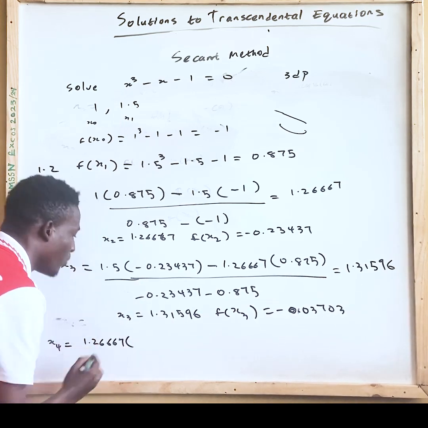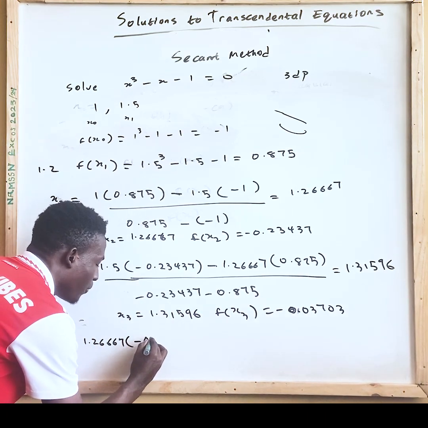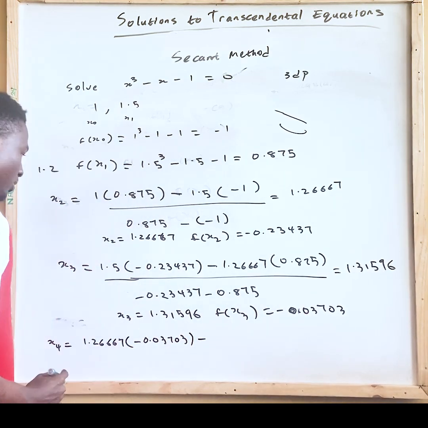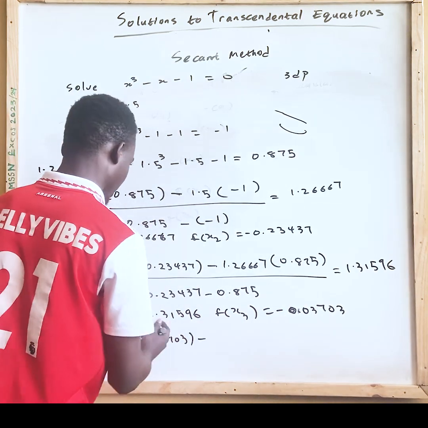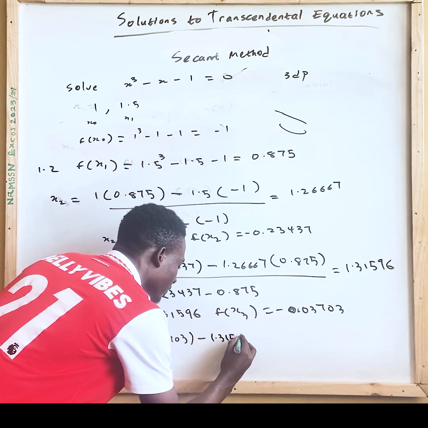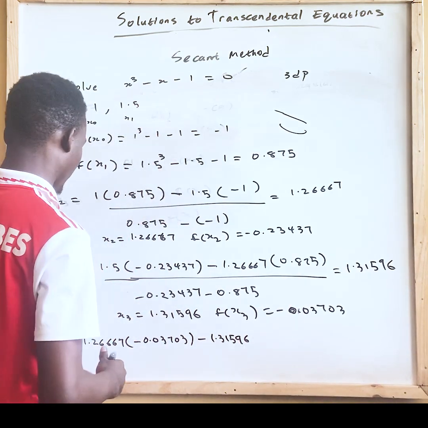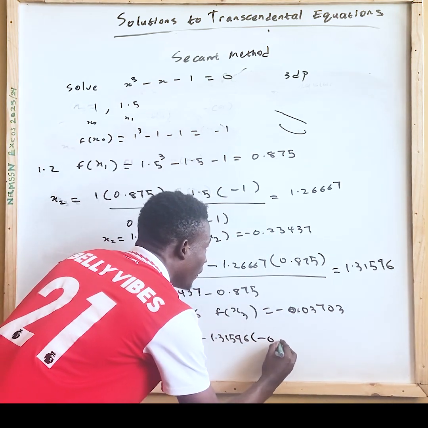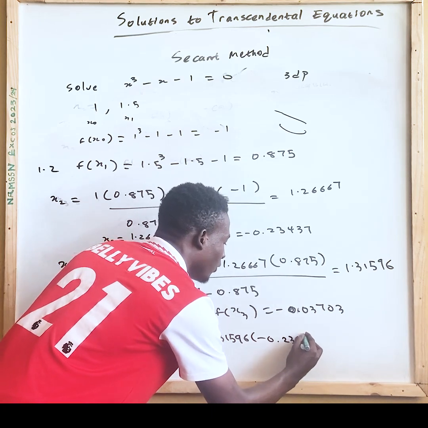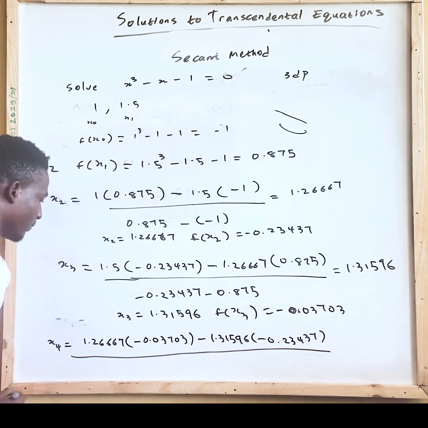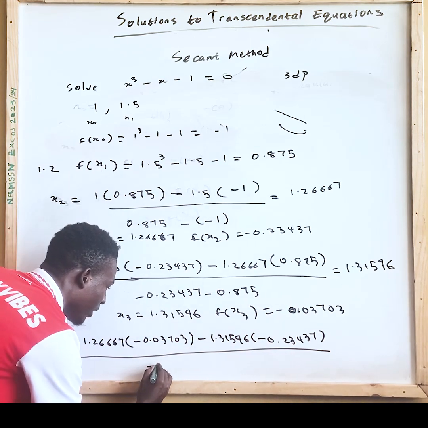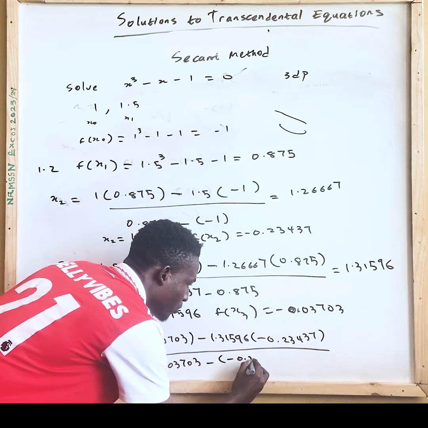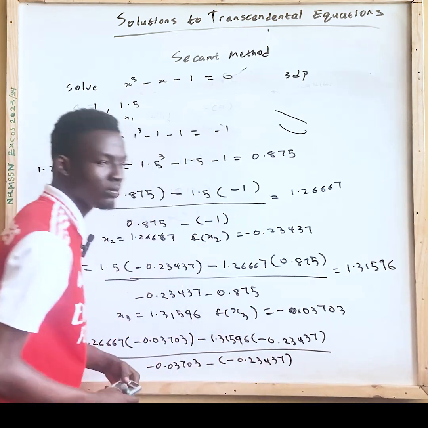Okay, x2 into bracket f of x3, minus 0.03703, minus x3. x3 is 1.31596. f of x2 is minus 0.23437, over this minus this. So you have minus 0.03703 minus 0.23437.